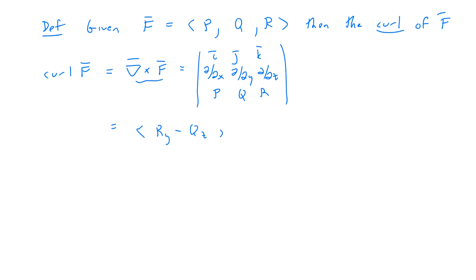And then for the middle term, it's the derivative of R with respect to x minus the derivative of P with respect to z, but then we put the usual negative in front of it, so it flips to P sub z minus R sub x. For the third term, it is Q with respect to x minus P with respect to y. And this officially is the curl.